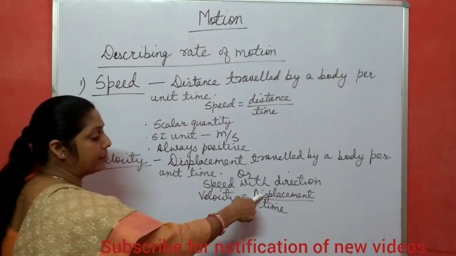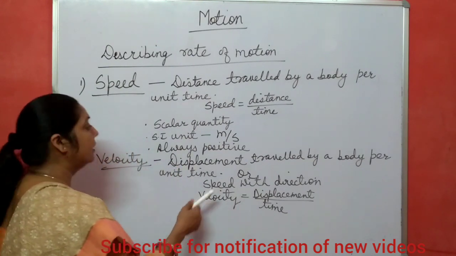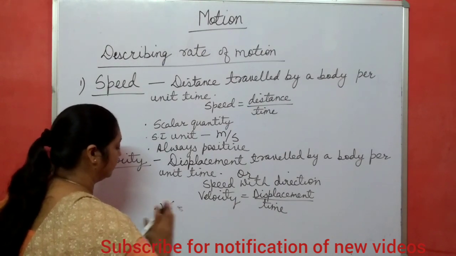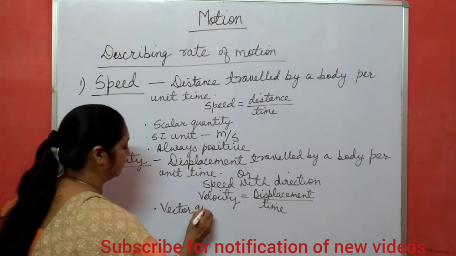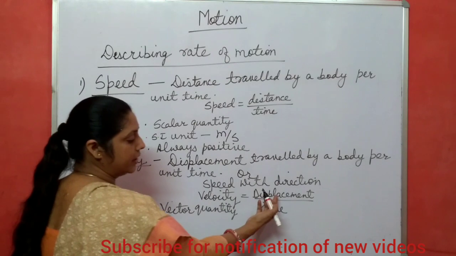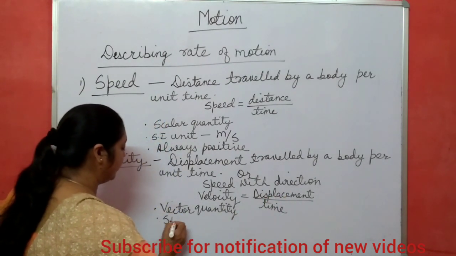But here displacement is a vector quantity. So velocity is also a vector quantity. And its SI unit is the same because unit of displacement is meter and time is second.